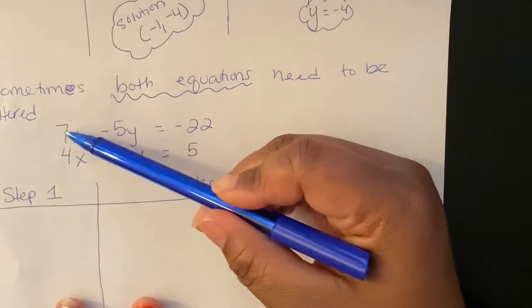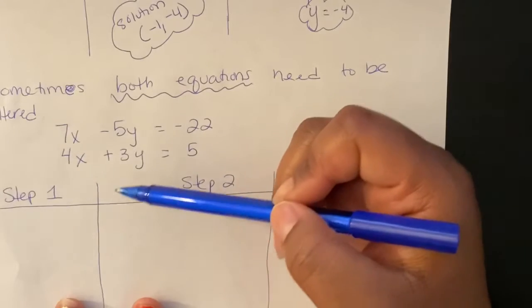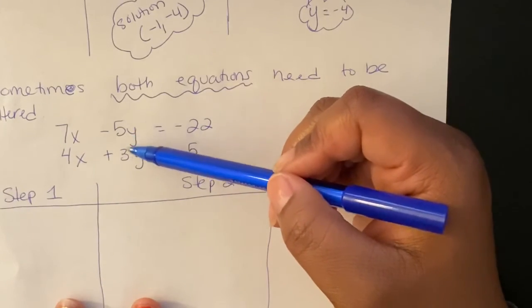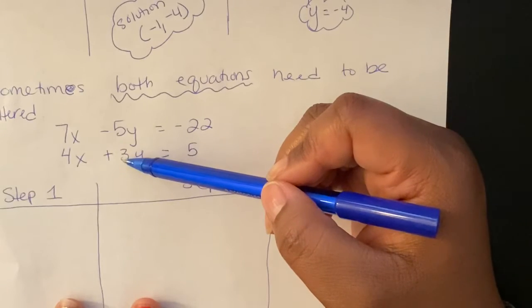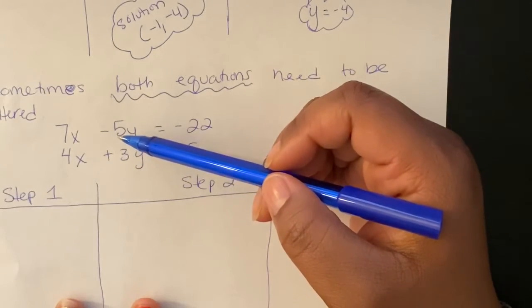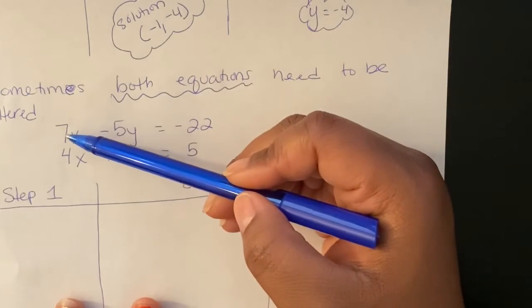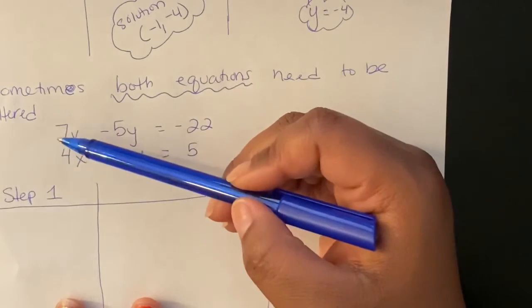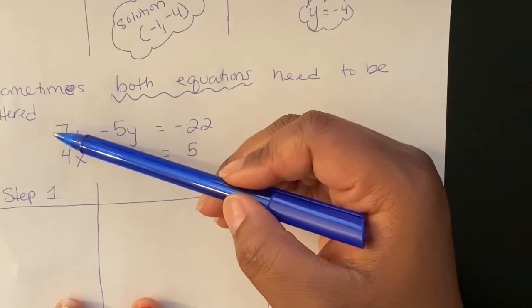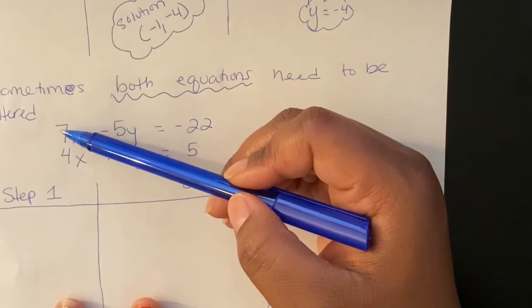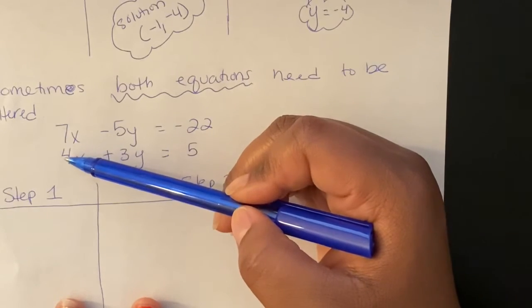So I can't make a 4 a 7 or a 7 a 4. And I can't make a negative 5y a 3y. But I can make a 7x and a 4x become a 28 and a negative 28. 7 times 4 is 28, and 4 times 7 is 28.